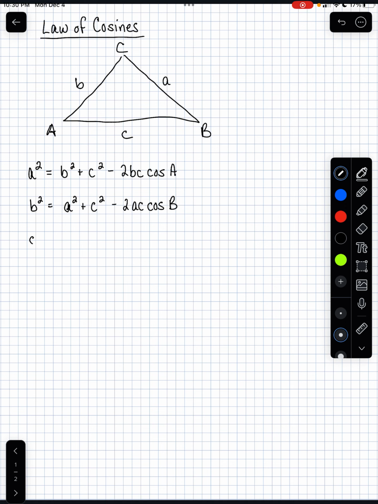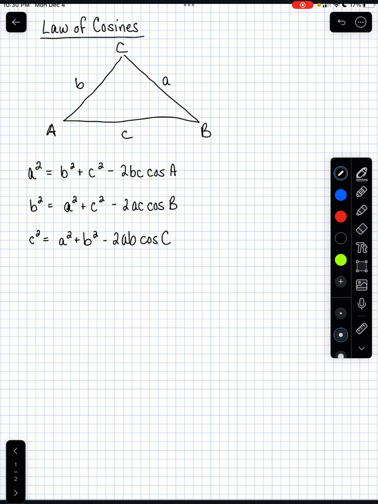So again, the square of the side we're looking for is equal to the sum of the squares of the two sides we have minus 2 times the product of the two sides we have times the cosine of the angle we have. Yikes.